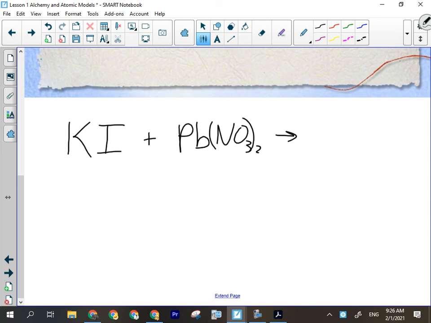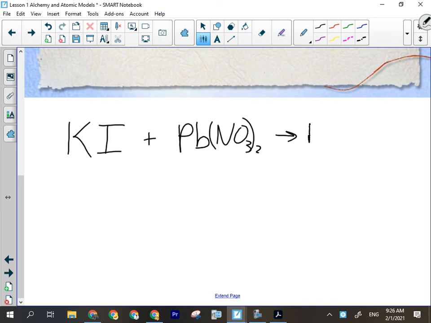Now if you were an alchemist, you'd look at that and go, look what I made. I made something new. I turned these things into that. But what they didn't understand was what was really going on when they mixed those things together. They didn't make anything new. They just mixed around the materials that were in it. When this reaction happens, the lead and the potassium switch places.